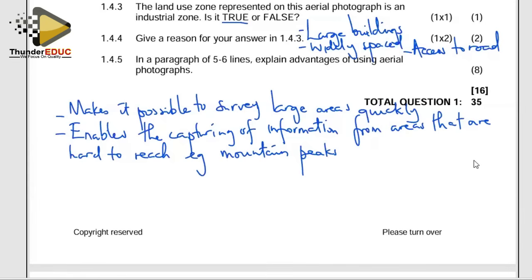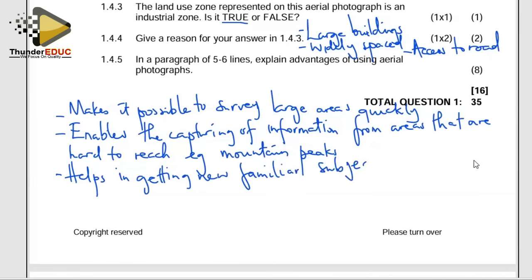Right. And also, it helps in getting familiar subjects.